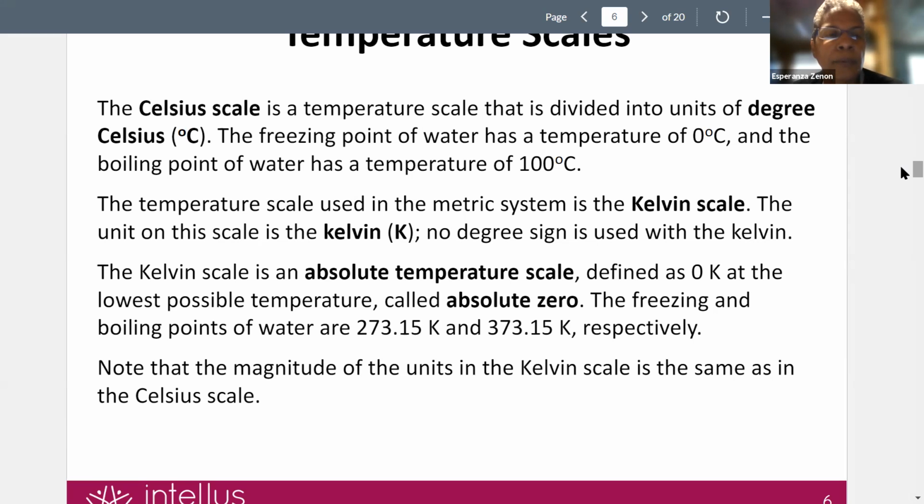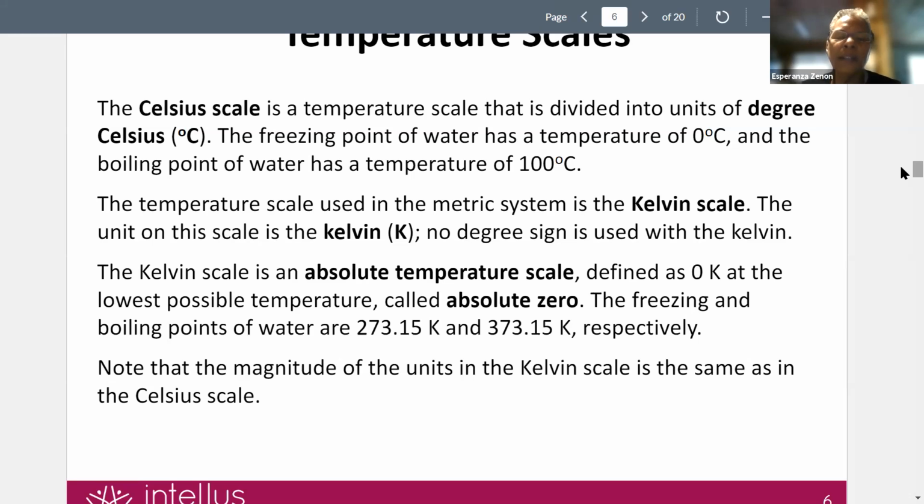And the other important factor that helps us to overcome that issue with atmospheric pressure that the Celsius scale has to deal with is that the Kelvin scale is what we call an absolute temperature scale. So it's not based on the boiling point or freezing point of water.